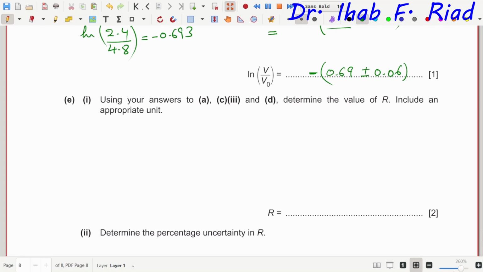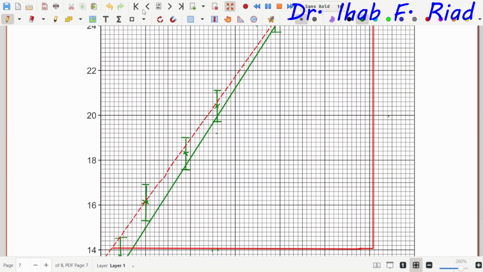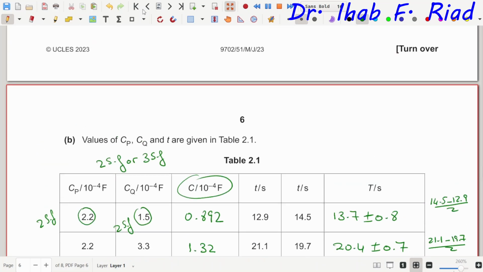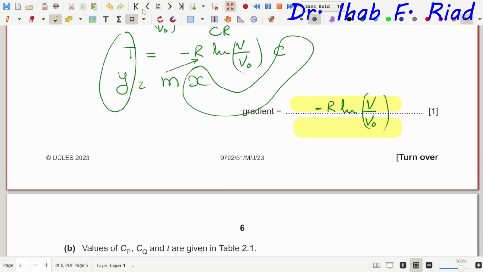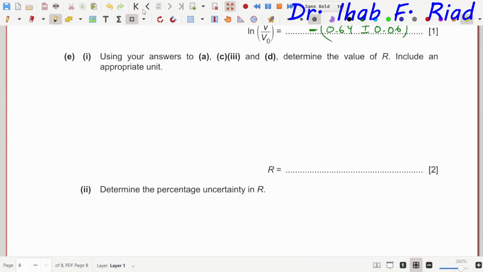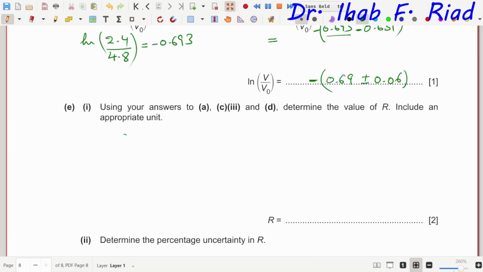Using your answer to A and C and D, determine the value of R. Include an appropriate unit. So, what do we have? How is R related to anything? R is related to the gradient. So the gradient is equal to minus R ln V over V naught.